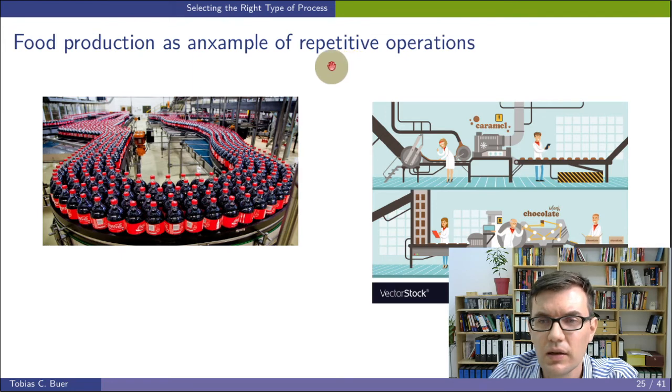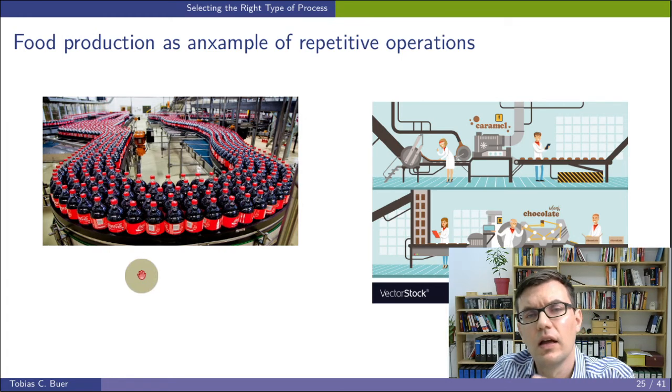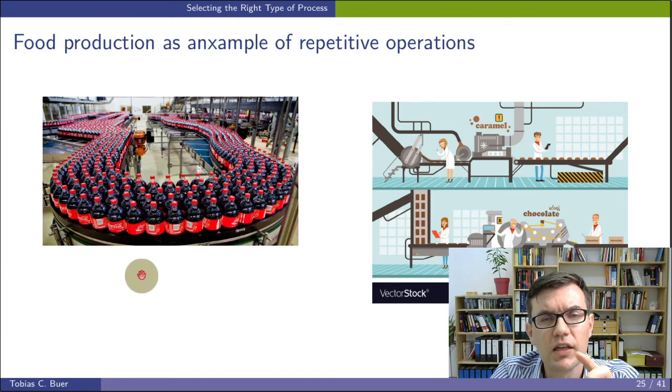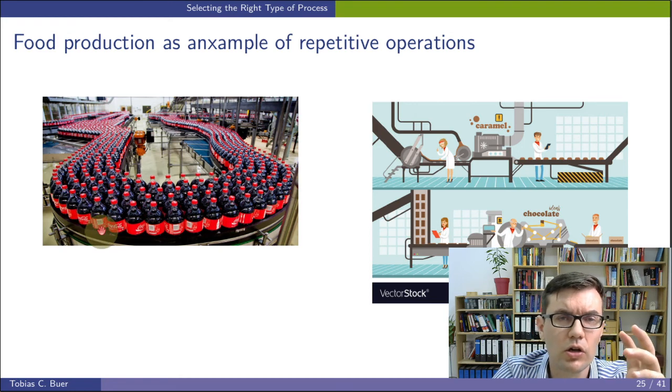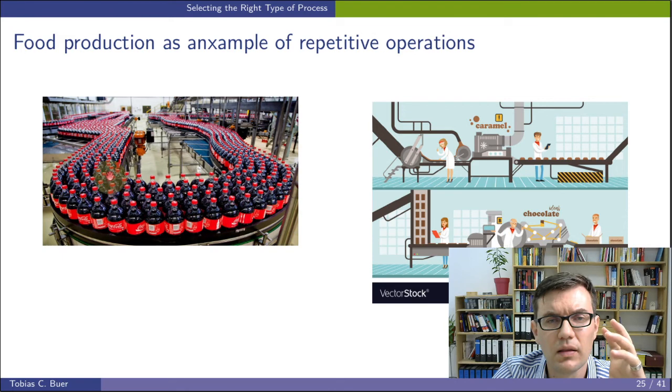On the other hand, let's look at some food production processes as examples of repetitive operations. Here in the beverage industry, we have a very small variety of products. Basically, we fill some water-based products into bottles, if it's Coca-Cola or Sprite or something else. The outcome is highly standardized and is going through a flow line.